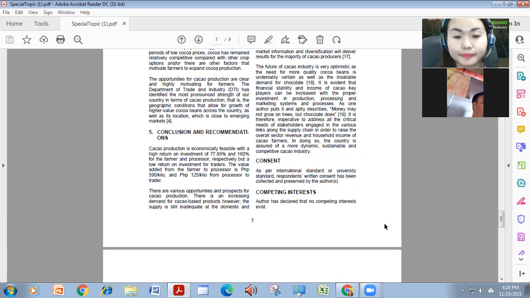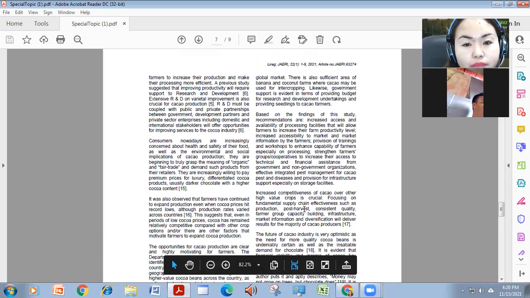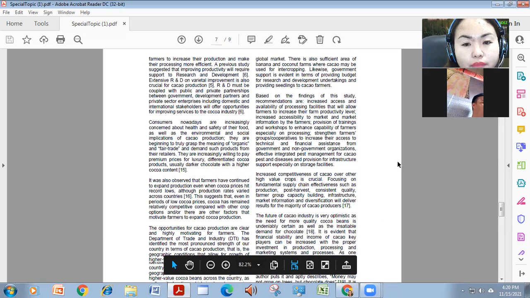There are viable opportunities and prospects for cacao products. There is an increasing demand for cacao-based products. However, the supply is still inadequate at the domestic and global market.